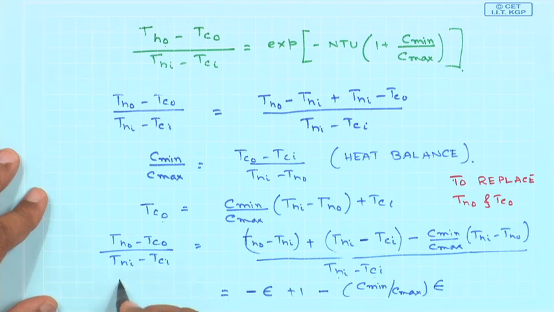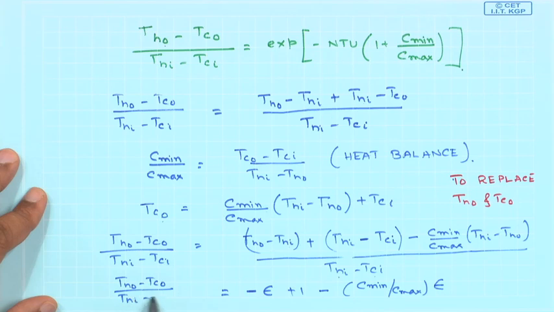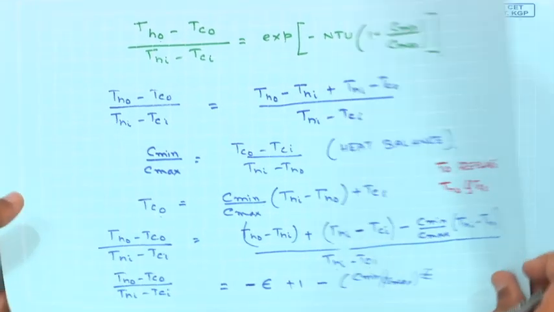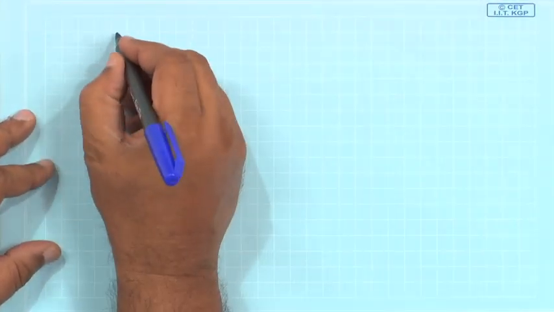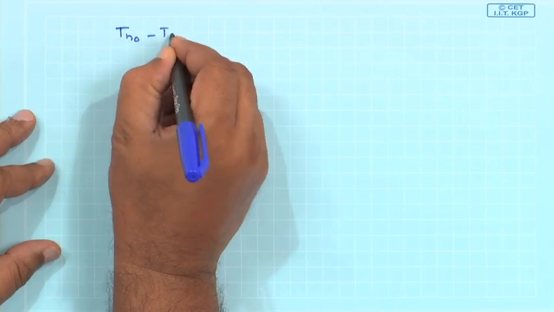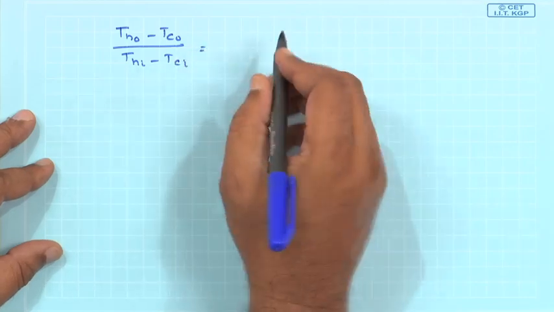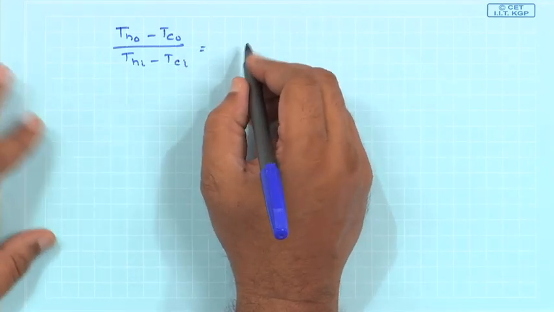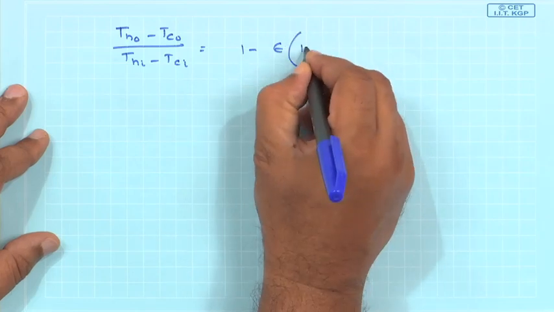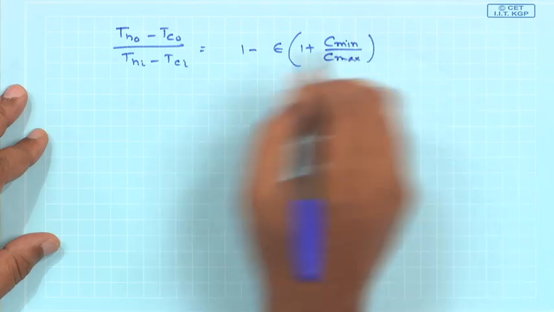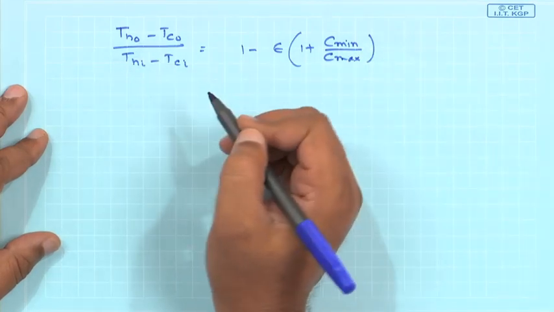So everything is in the form of epsilon. I simply reorganize it a little bit. Taking the epsilon common, it's simply going to be 1 minus epsilon 1 plus C minimum by C maximum.